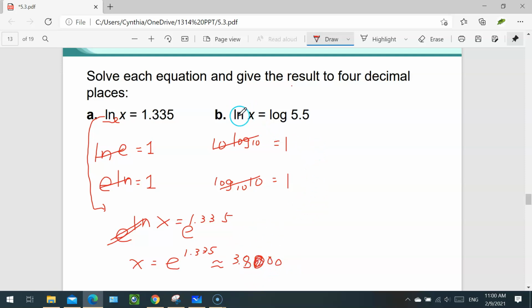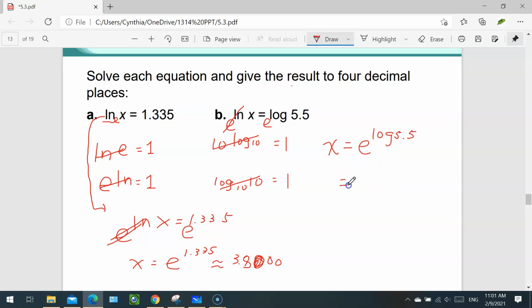We do another one. ln x equals log 5.5. Same way, I'm going to raise e to both sides. e to the ln crosses out, so your x is equal to e to the power log 5.5.